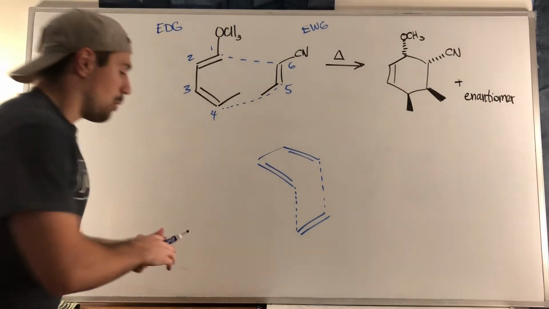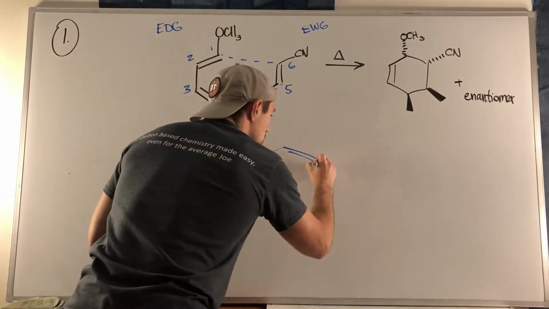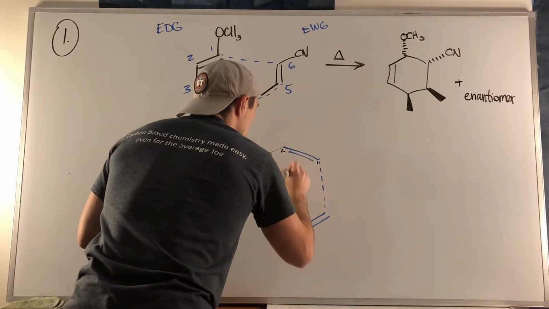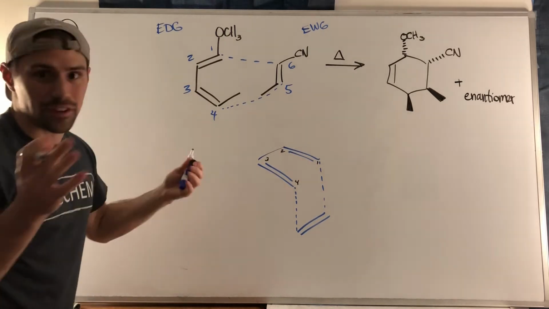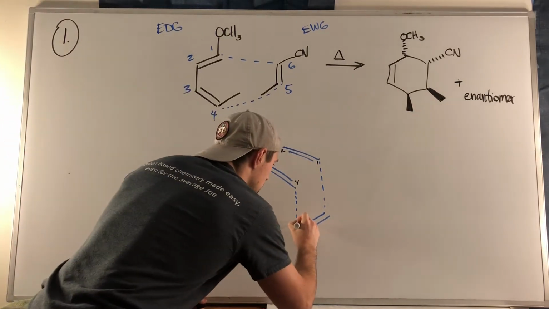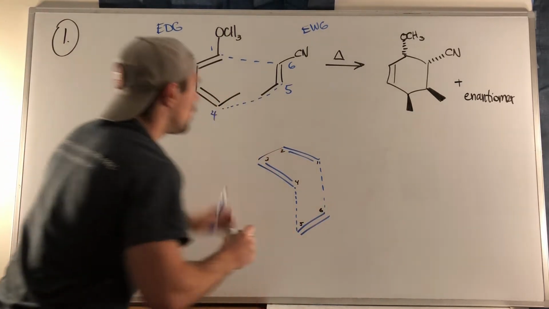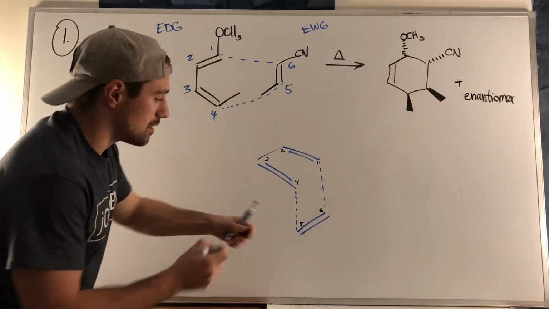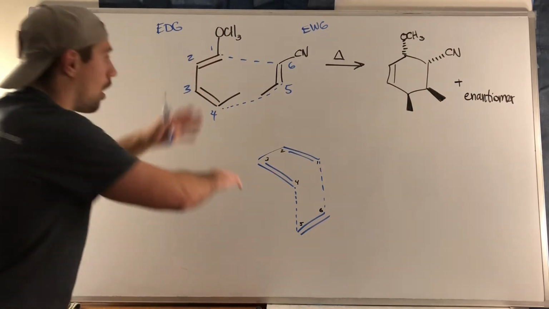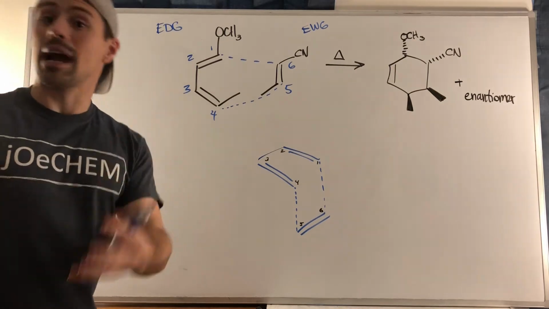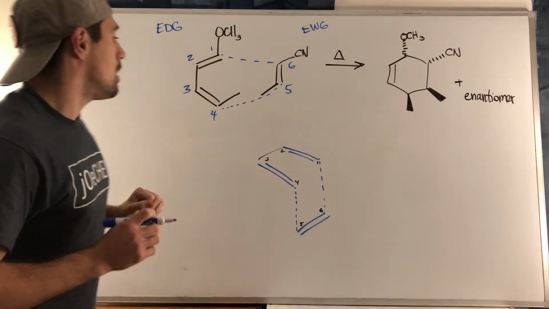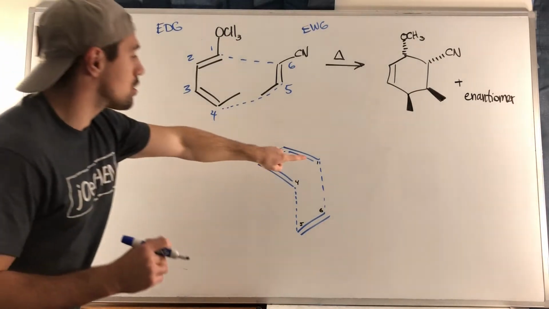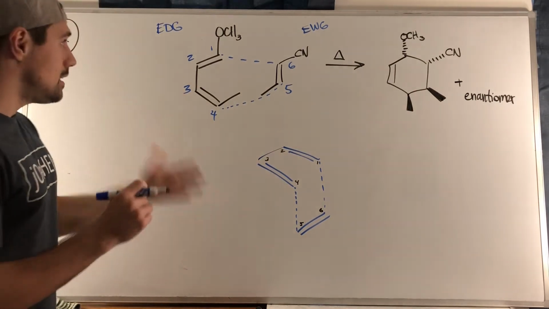Okay, so what we can do now, I'll very tinily label these like such. Just make sure you have 1 connecting to 6, 4 connecting to 5, or however you number on your structure. Just make sure you number correctly, right? Going from here to here. Okay, so now let's fill in the groups on our diene.